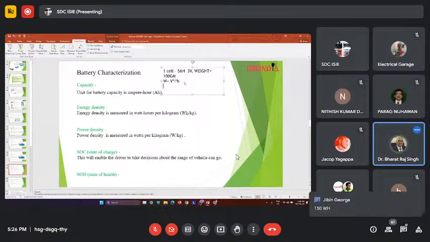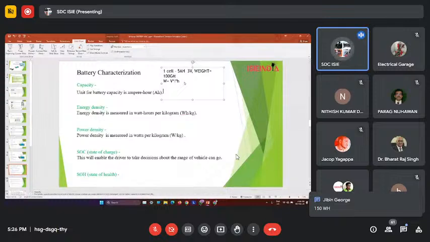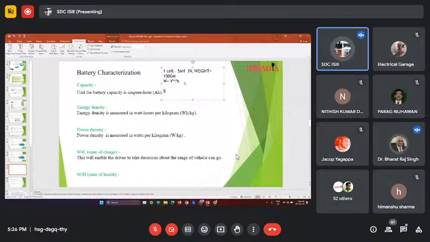So now to get the energy, we will multiply this 5 into 3, right? Voltage into current into hour. So how much we will get?